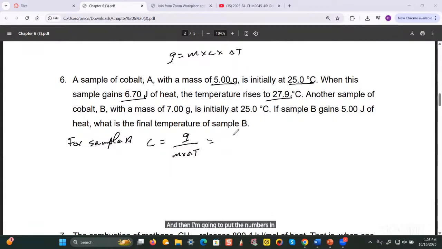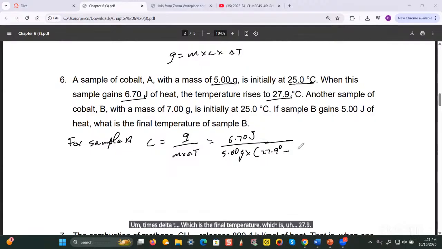So Q is equal to 6.70 joules over the mass, which is 5.00 grams, times delta T, which is the final temperature, 27.9 degrees Celsius minus 25.0 degrees Celsius. Again, I'm going to work out what's within the parentheses, which is 27.9 minus 25.